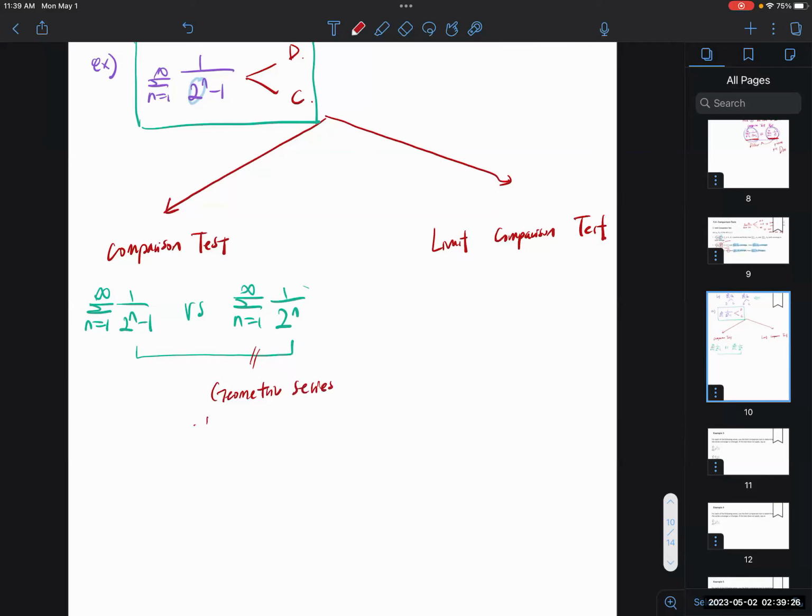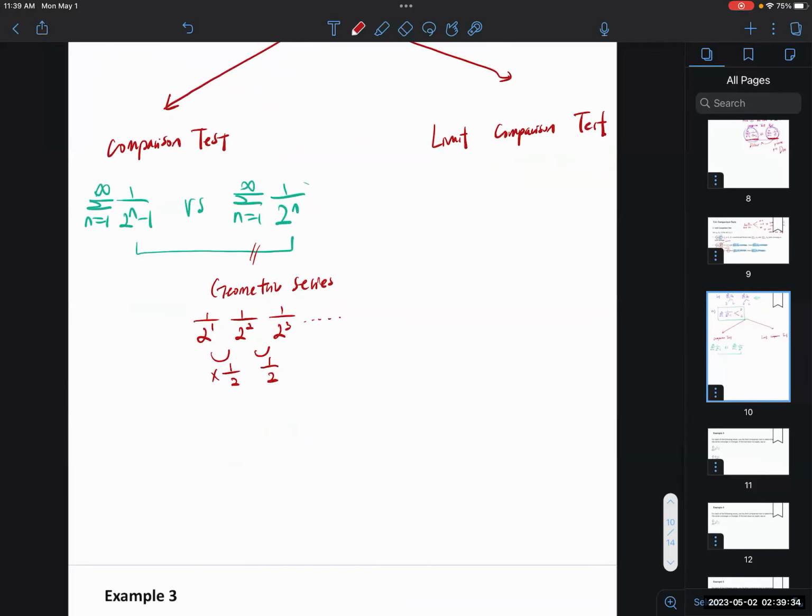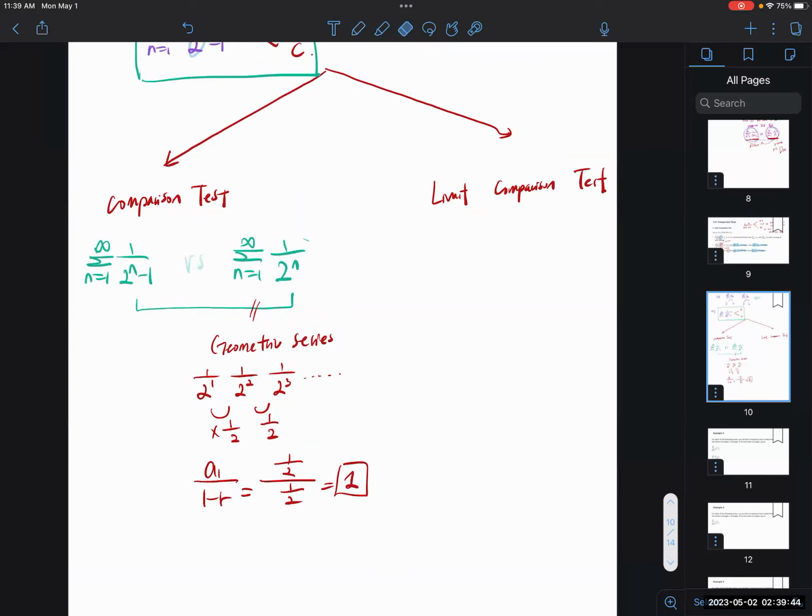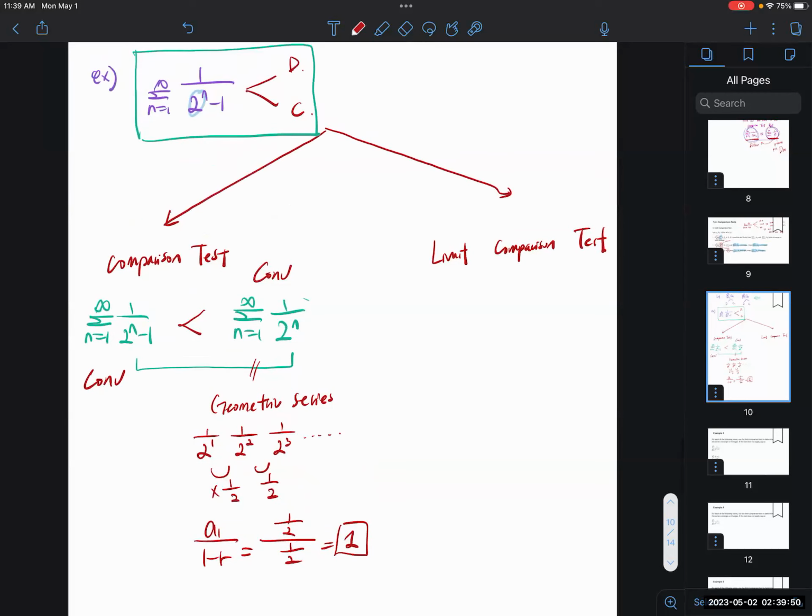We just practiced 1 over 2 to the n, 1 over 2 to the second, 2 to the third, they keep multiplying by 1 over 2. So a over 1 minus r, we do have 1 over 2 divided by 1 over 2, which is 1. So because of this relationship, this is a convergence. So if you are using the comparison test, we prove that this is a convergence.